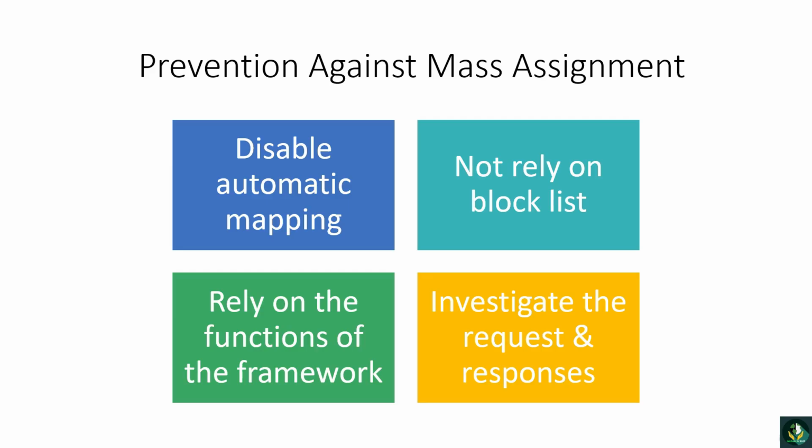So, prevention against mass assignment. You should try to disable the automatic mapping of properties whenever possible. All properties should be mapped manually and others should be ignored.